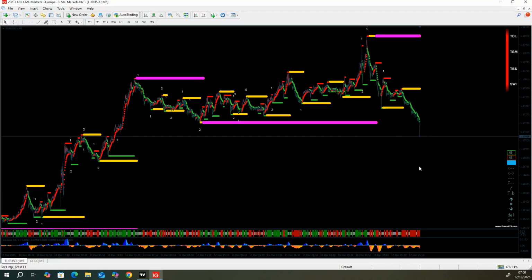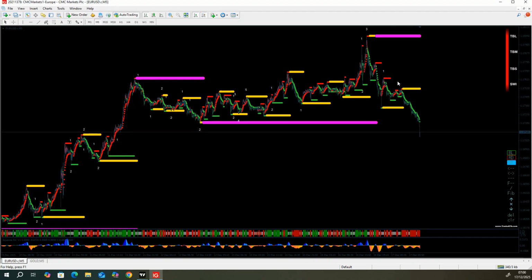Once this move is finished, we will count the wave to see the end of this wave, but eventually we should be expecting an attempt to balance this area as well, because now we have 0 ABC, 1 2 1 2 3, we're expecting 4 and 5, then we will see a reversal.